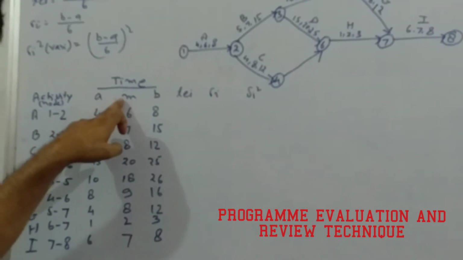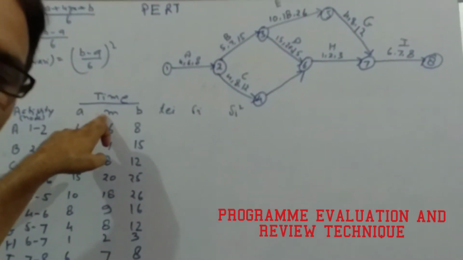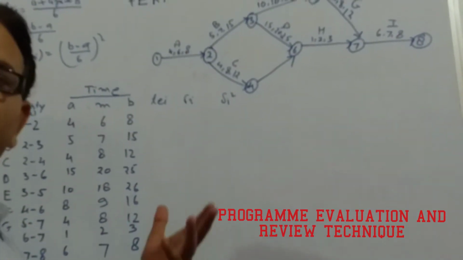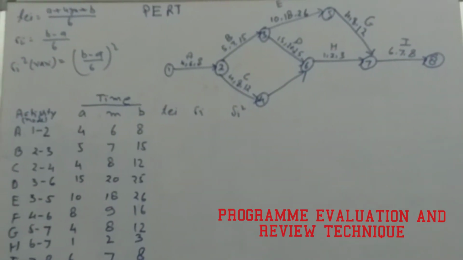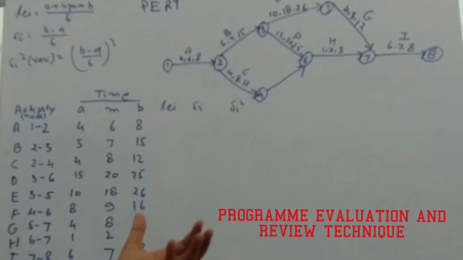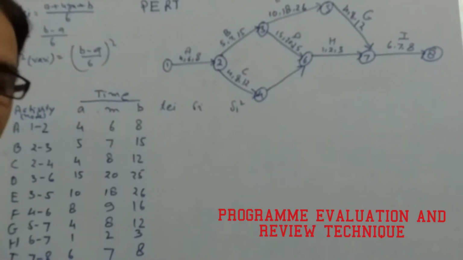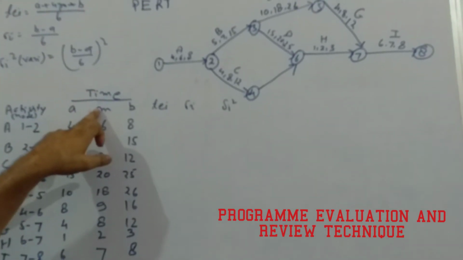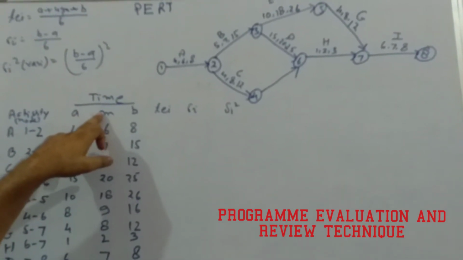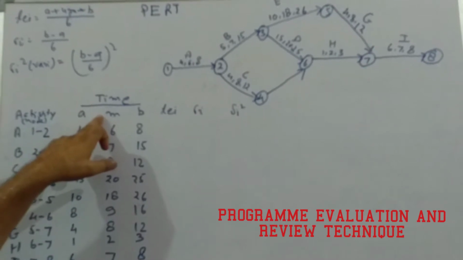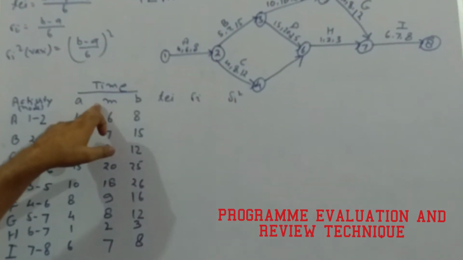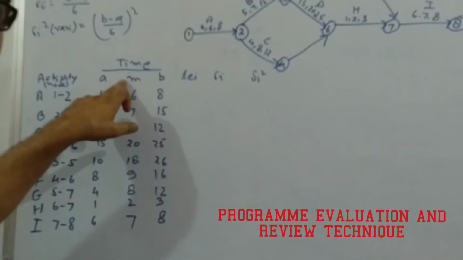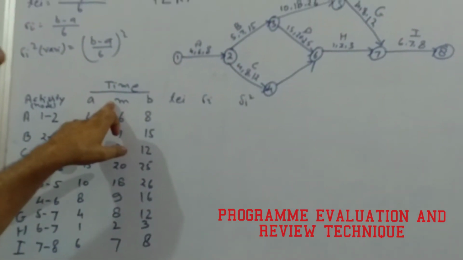M will denote most likelihood or moderate time, which is normally more than the real time, because real time is just a very ideal situation. So in moderate time, more than that real time, when one completes a particular activity, the time which one takes is known as most likelihood time, which normally everybody may take.